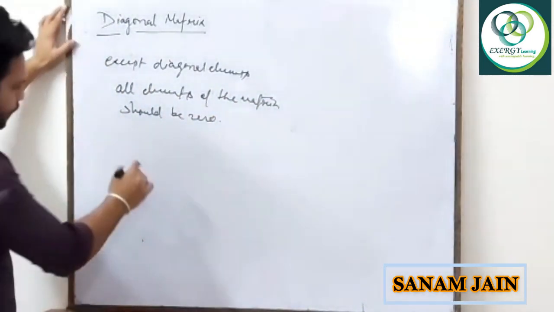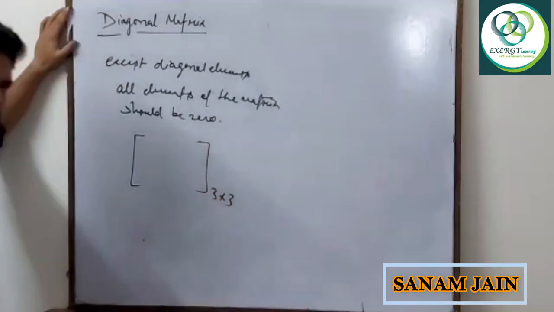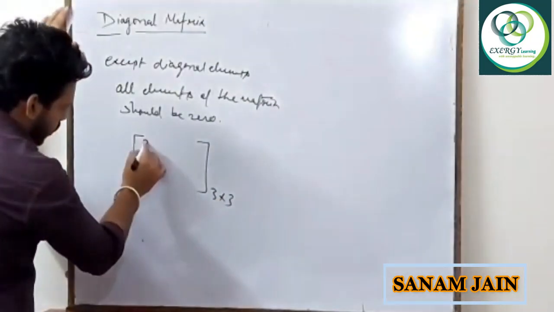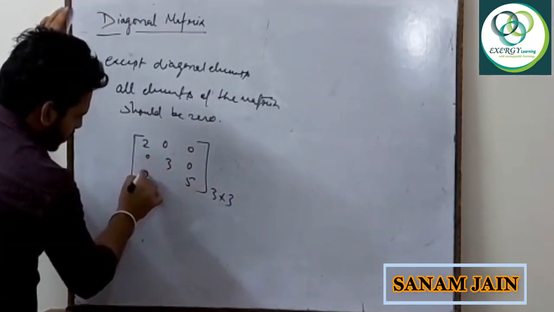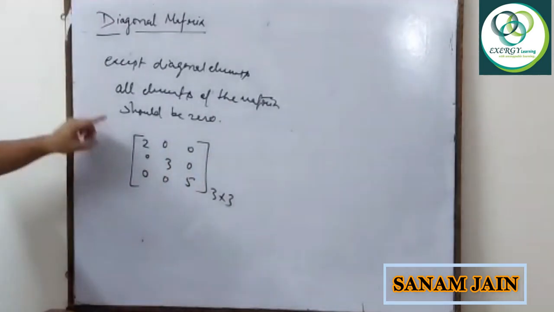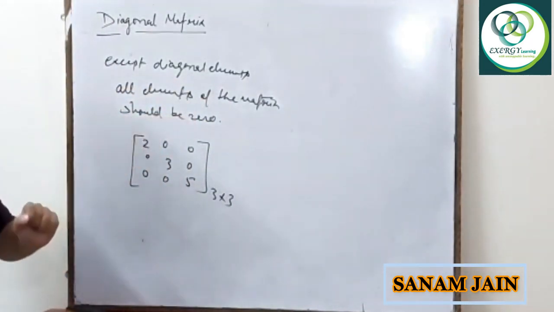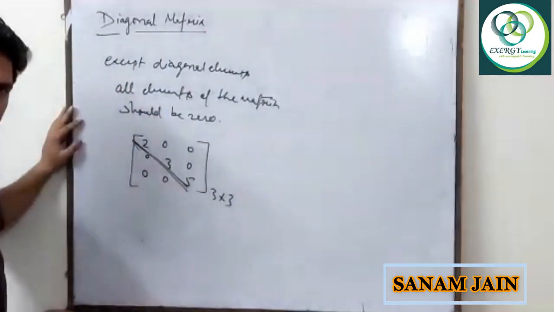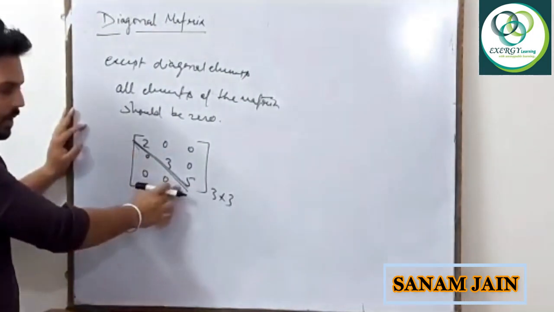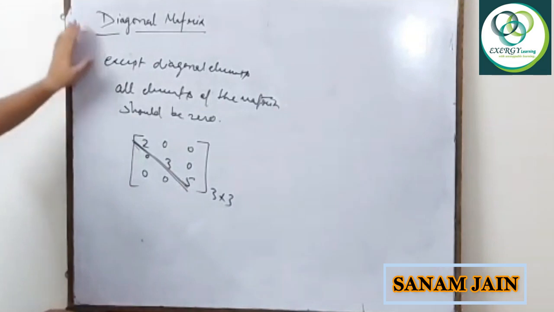For example, we are taking a matrix of 3 by 3 order: 2, 3, 5, and the rest of the elements are 0. You can see this is the main diagonal, so these are called diagonal elements. Except for the diagonal elements, all elements of the matrix are 0. So this kind of matrix is known as a diagonal matrix.